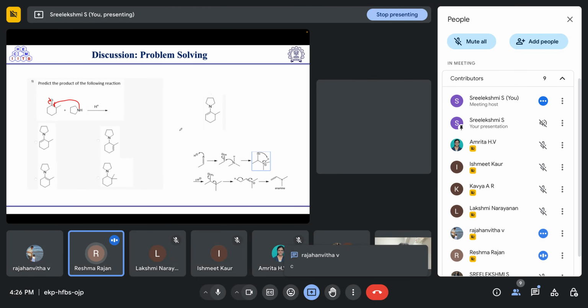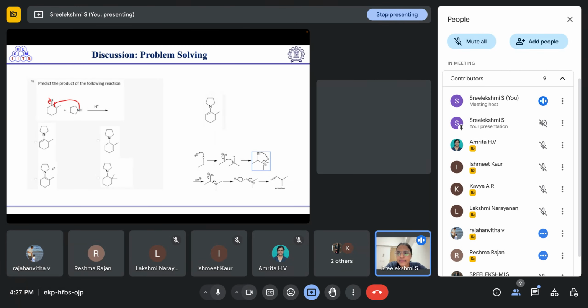Actually, I'm having a doubt. While I was solving this problem, I chose option C, with the double bond attached to the substituted side. One of the professors said that substituted alkenes are more stable than unsubstituted ones.